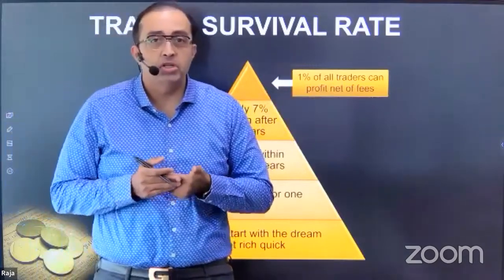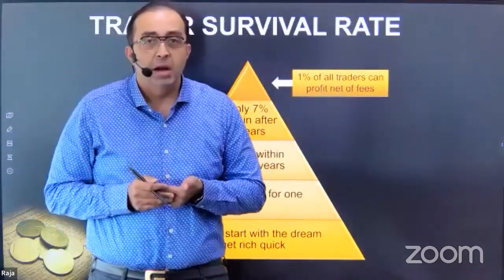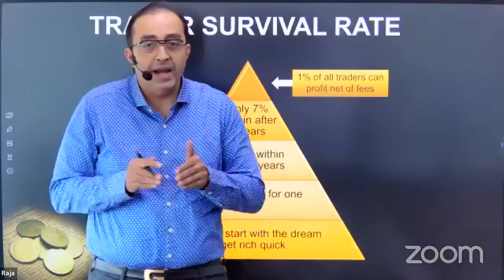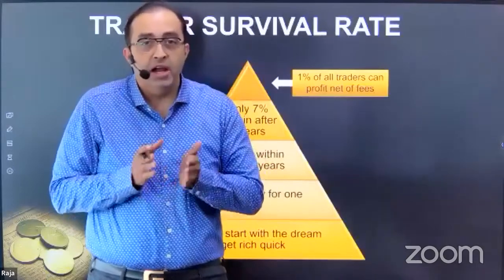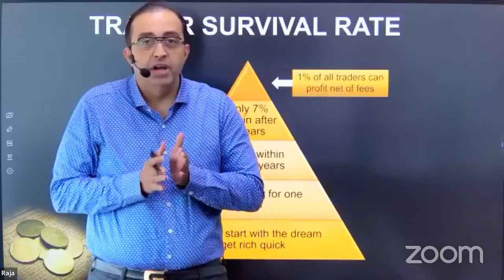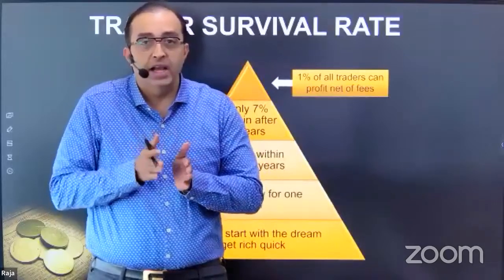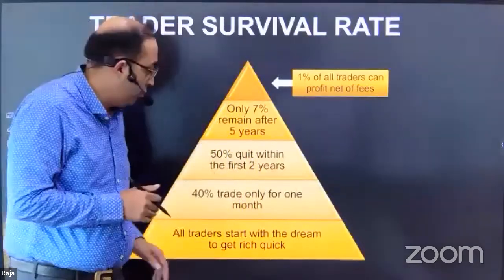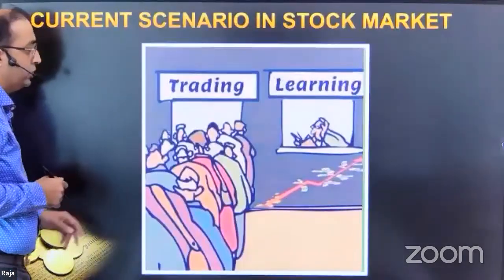Why? Because trading is not just about buying and selling, it's about managing many things. And if you are not able to manage many things, then it is very difficult to make trading a successful journey, right?